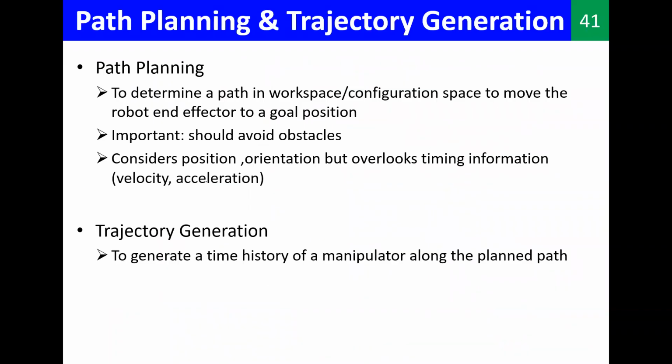One thing you should remember is that when we say path, it is like a spatial construct. But when we say trajectory, between the same points we have the same path, but we are giving timing information: t equals 0, t equals 1. By t equals 10, this should be here, and when t equals 20, this should be here.